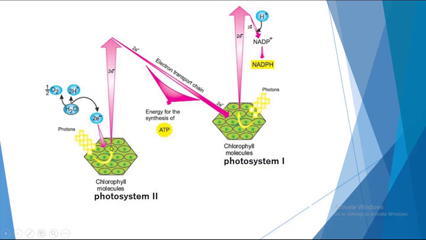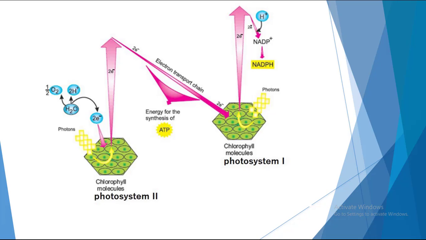So when these 2 electrons leave photosystem 2, a hole or a gap is created. Gap or hole means there is a deficiency of electrons and they need electrons to be fulfilled.